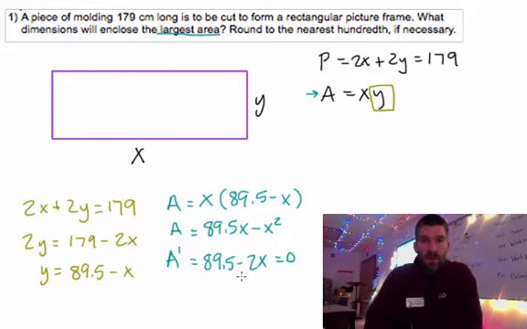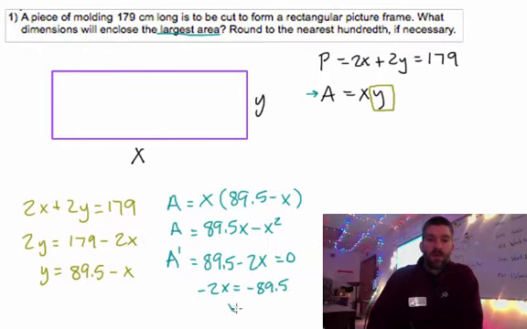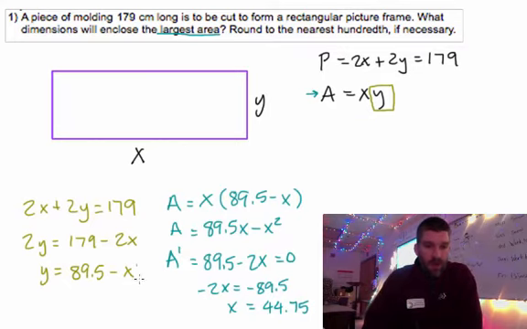You can find maximums or minimums of any equation by finding the derivative and setting that equal to 0. So go ahead and move the 89.5 over. Negative 2x equals negative 89.5. Divide both sides by negative 2, and you're going to get 44.75. I already punched that into my calculator. So x equals 44.75. Believe it or not, this is going to end up being a square, because if I put 44.75 in here, 89.5 minus 44.75 is equal to 44.75.